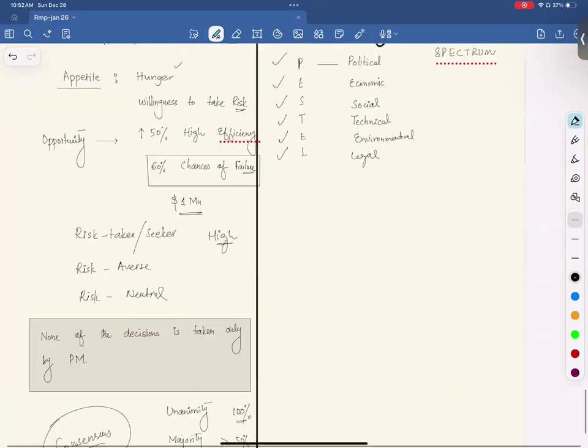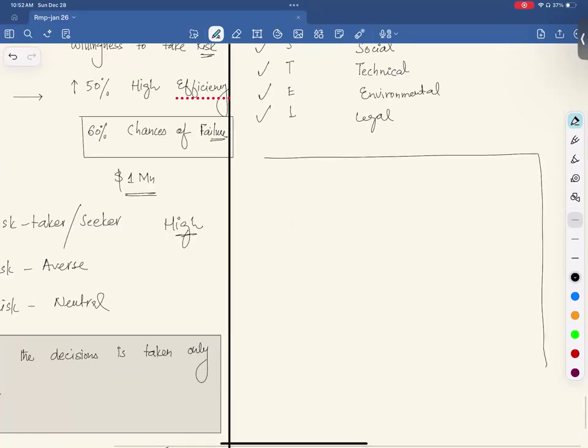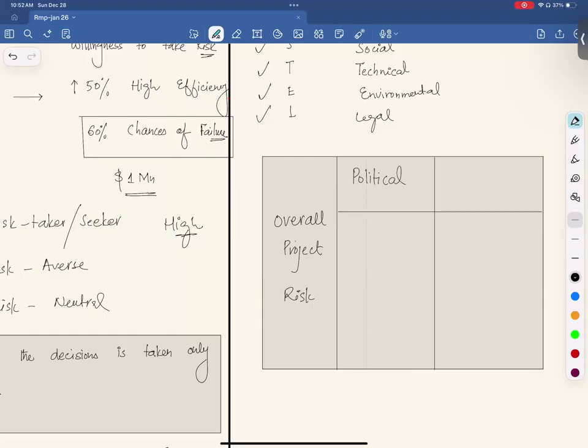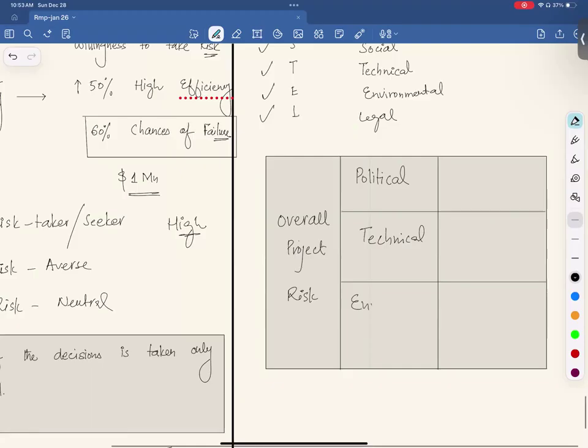So what we do is we write these categories like this. Please pay attention, everybody. Here we have overall project risk, and then we have categories like political risks, let's say technical risk, environmental, and so on.